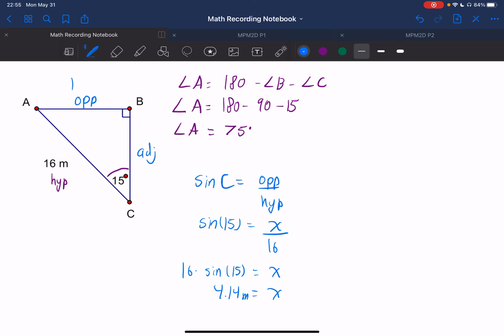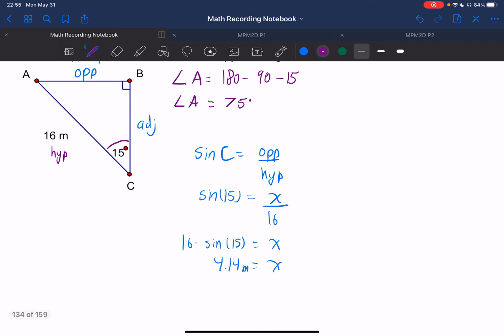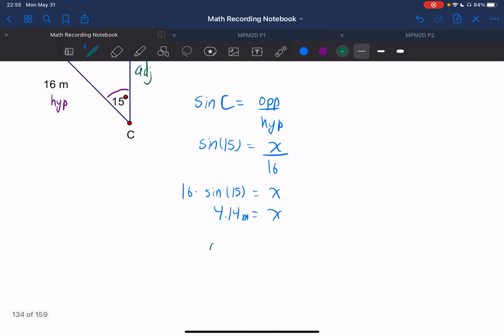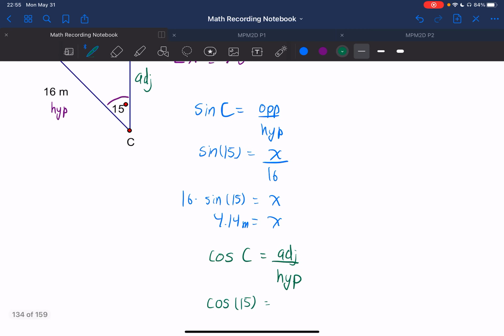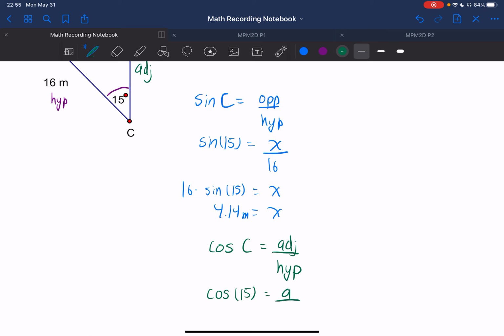I can go put that in, 4.14. Using that same angle, I can now use cosine to find the other side. So cosine C equals adjacent over hypotenuse. So I'm using the same angle. So I do cosine 15 equals, we're across from A, so we're going to use little a here, over 16.